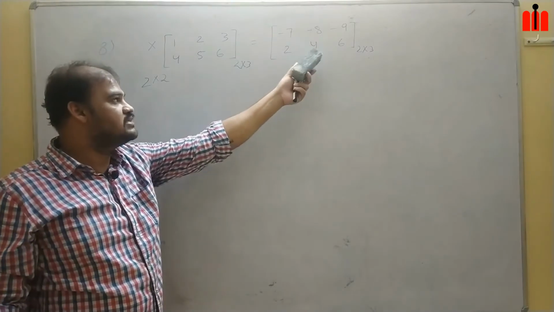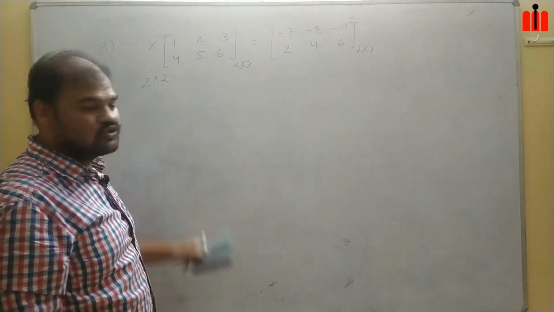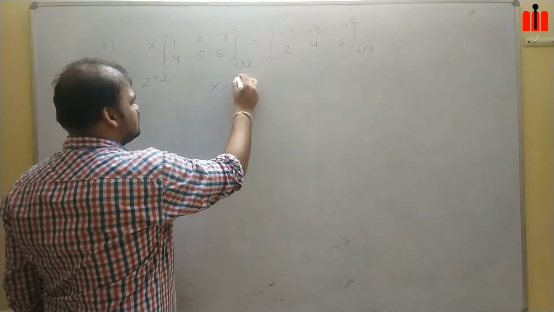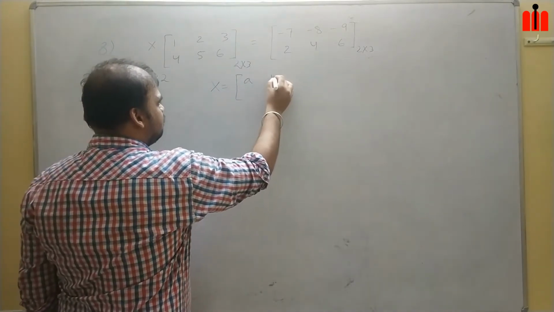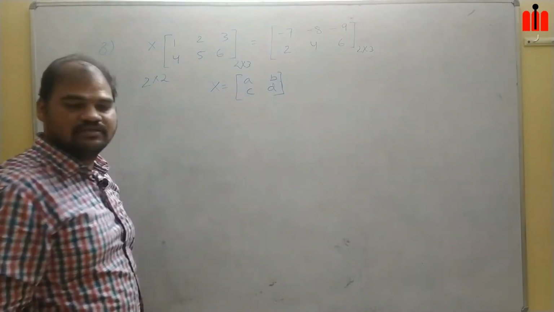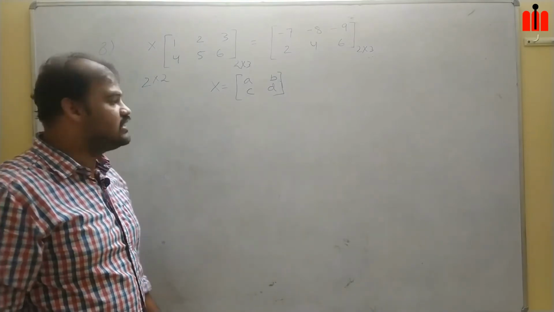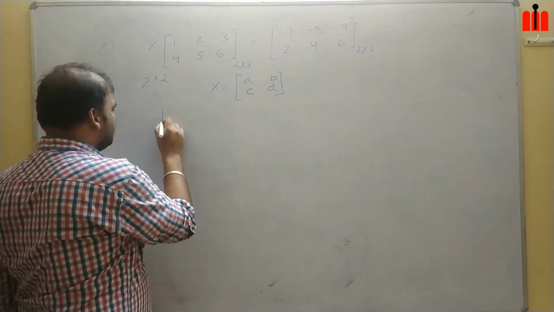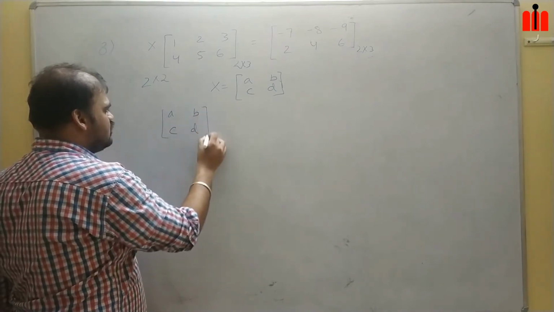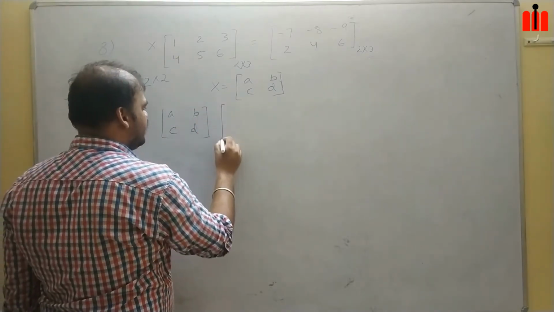So 2 by 3 is the resultant matrix when X is a 2 by 2 matrix. So let's take X as a, b, c and d. Let it be the X matrix. Now we will put it over here and do the multiplication and solve the linear equations.